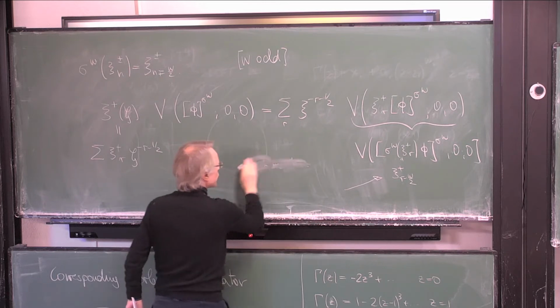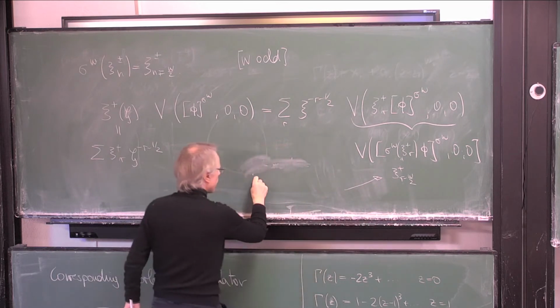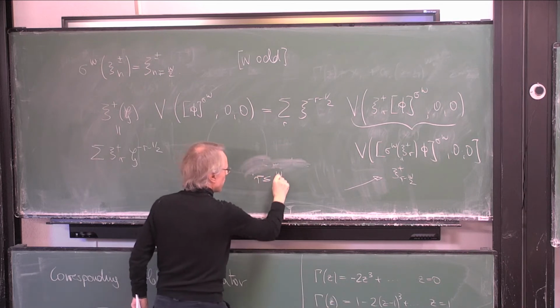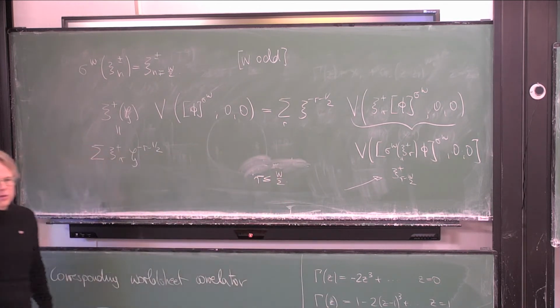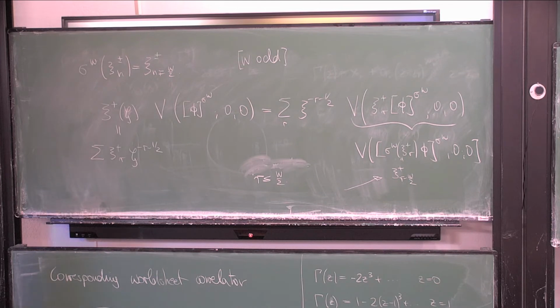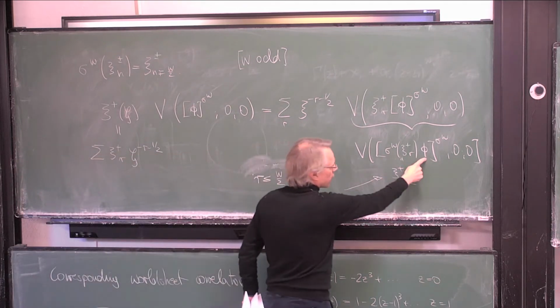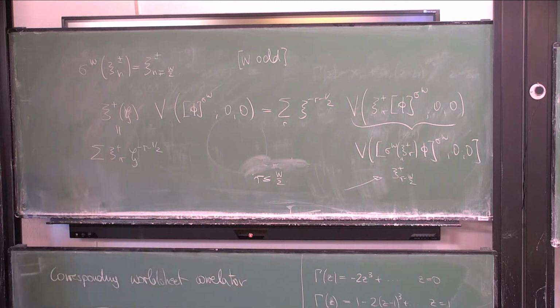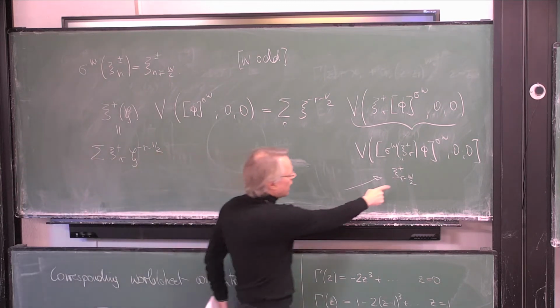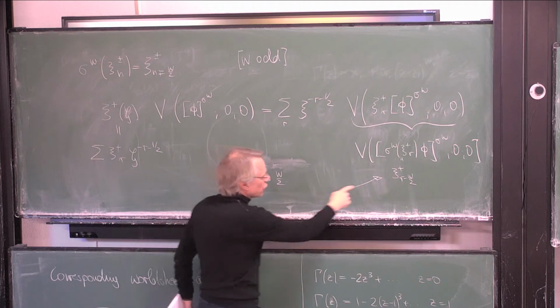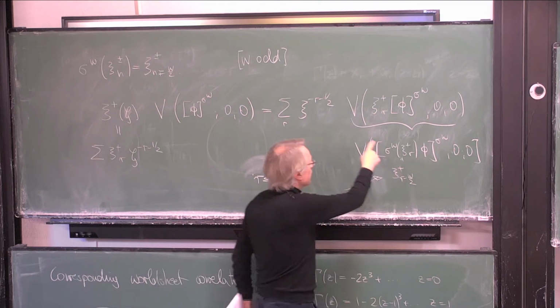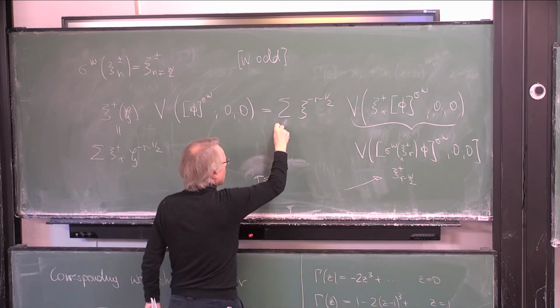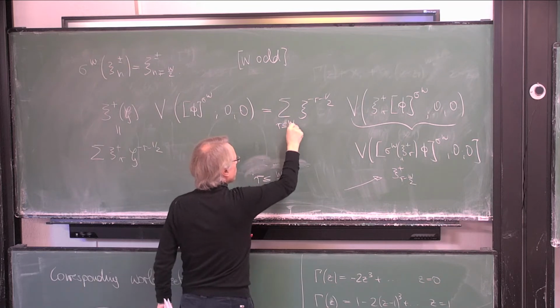Put differently, the terms that survive are those where r is less than or equal to w over 2. The zero mode acts non-trivially because these states, remember, live in this Ramond sector representation where the zero modes of the symplectic bosons act non-trivially, but the positive modes kill. So if r is bigger than w over 2, then this is obviously 0. So this sum restricts itself to r less than or equal to w over 2.